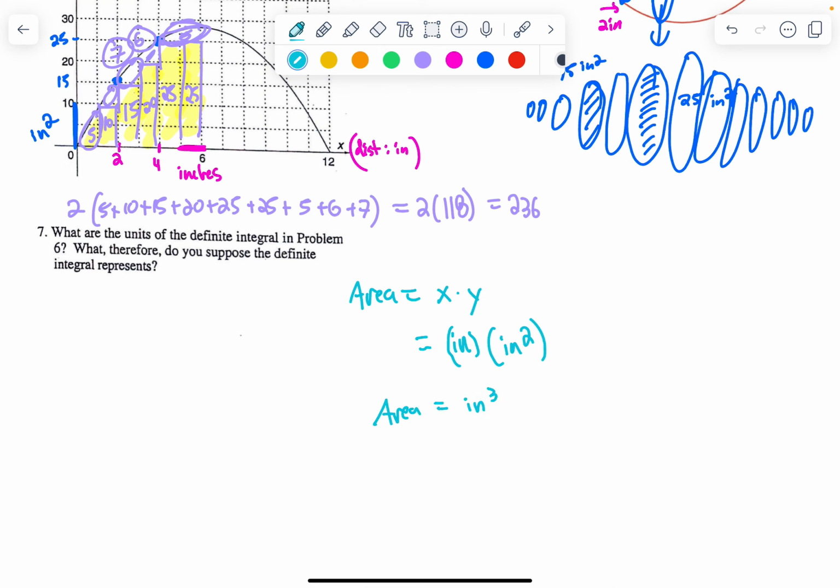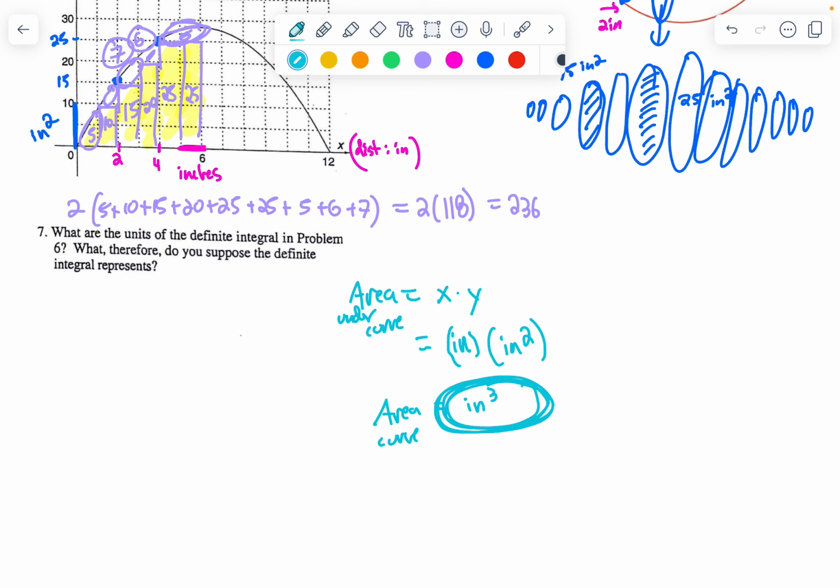And this is the area under the curve, right? Not just like area, it's the area under the curve. The accumulation of all that area under the curve is accumulating in the form of inches cubed. And what geometric shape do we know that's in the form of inches cubed? Well, that's three-dimensional, so that means we are in a three-dimensional shape. And three-dimensional is a measure of volume.